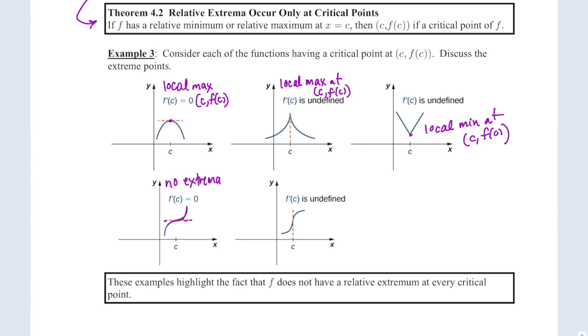So we can have the possibility that even though the derivative is 0, there's not an extreme point. And it's also possible to see a situation where the derivative is undefined because there's a vertical tangent line. Think about the graph of, say, cube root of x at x equals 0. If there's a vertical tangent line like that, the derivative is undefined, but there's also no extreme point.